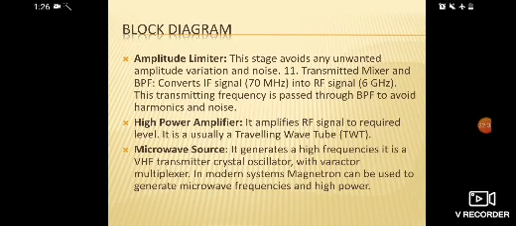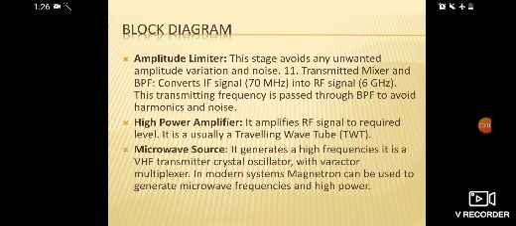And the next one is the transmitter mixer and BPF. What is the use of the mixer in the transmitter section? It converts the IF signals into RF signals. That is, IF signals in the range of 70 megahertz are converted into RF signals in the range of 6 gigahertz.